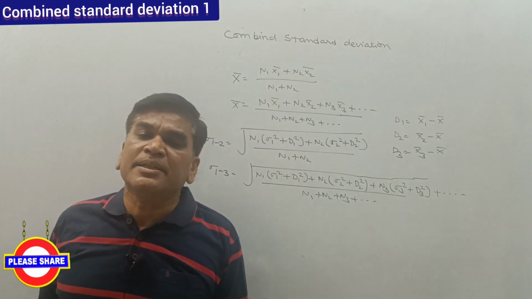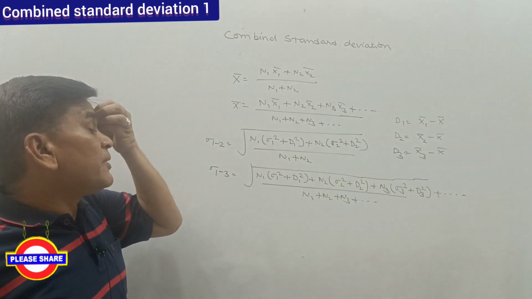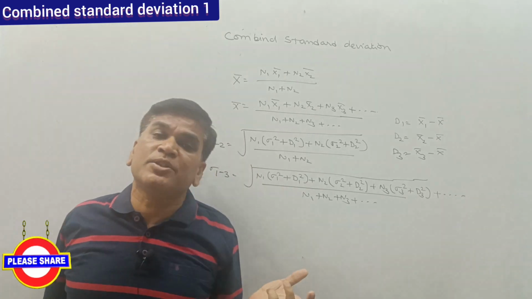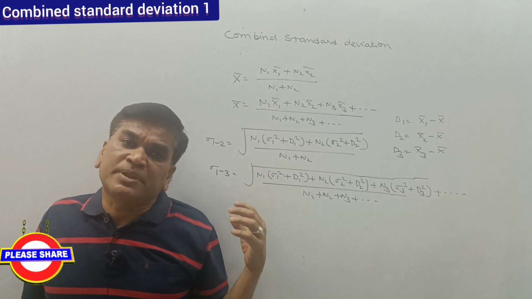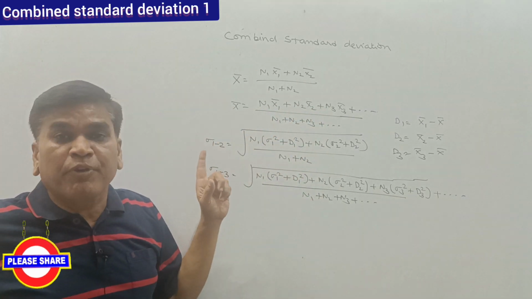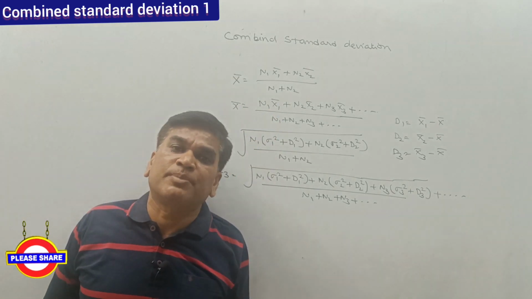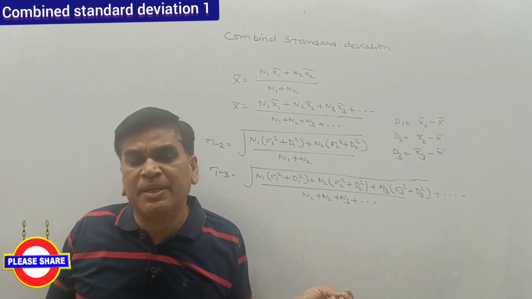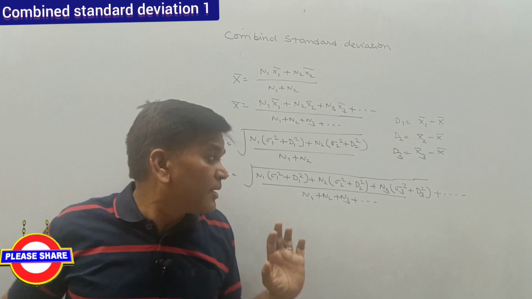So for getting the combined standard deviation, what will we do? First we get the combined arithmetic mean. Depending on how many parts there are, if 2 parts, this formula is enough. If 3 parts, then we write 3 terms. If 5 parts, then we write n1 x bar 1 plus n2 x bar 2 plus n3 x bar 3 plus n4 x bar 4 plus n5 x bar 5, divided by n1 plus n2 plus n3 plus n4 plus n5.